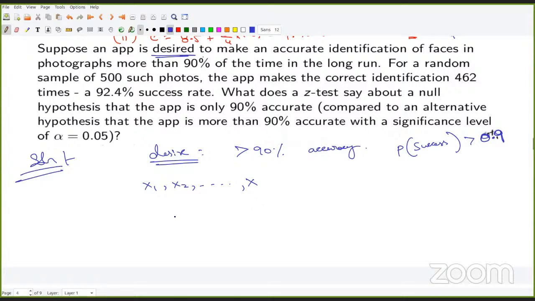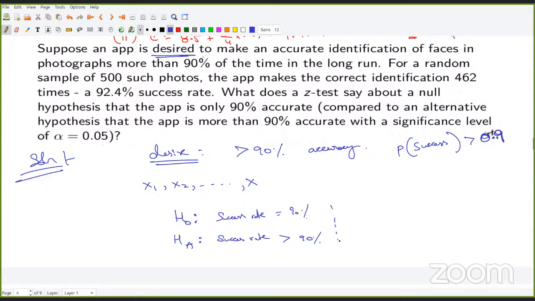So what is null and what is alternate here? Null is 90%. More than 90% is the alternate. So let's say success rate greater than 90% is the alternate, and success rate equal to 90% is the null.